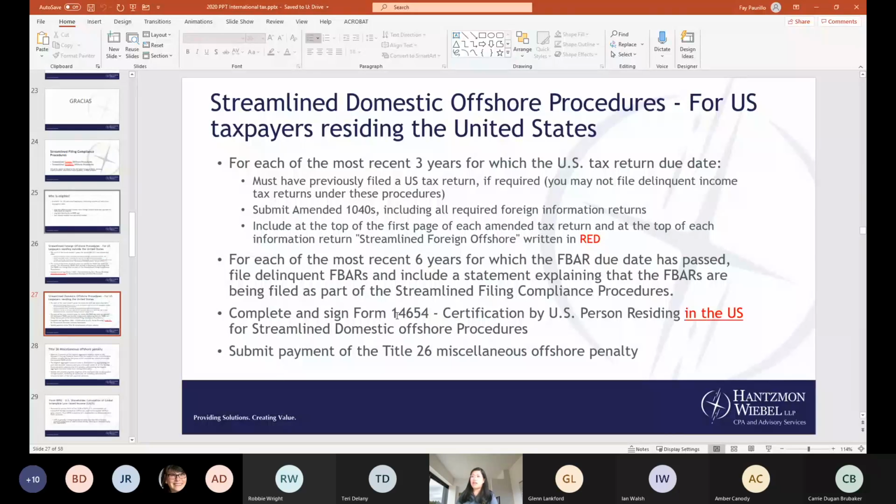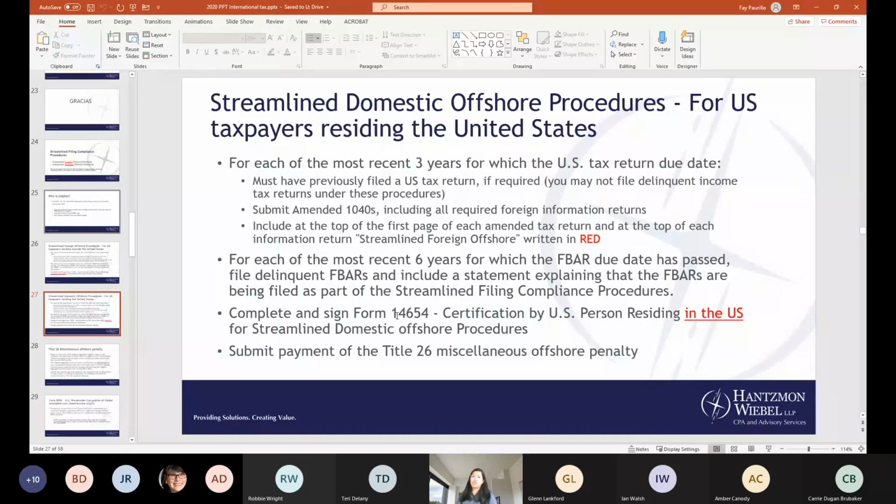So this is the other side of it, where he lived in the US but filed an incorrect tax return. A little bit different from the first example. For this guy, he wasn't delinquent. He had filed 1040s.